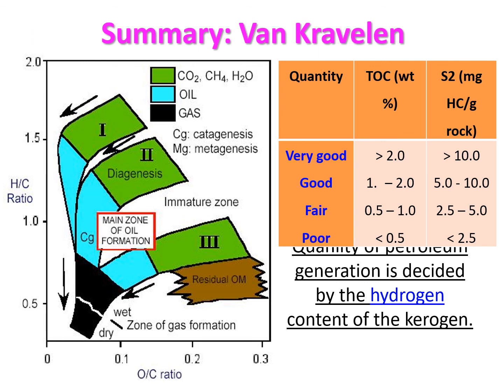As a summary again, the hydrogen content will be used to evaluate the quality of the petroleum product, and the quantity of the organic carbon content is used to evaluate the source rock richness.